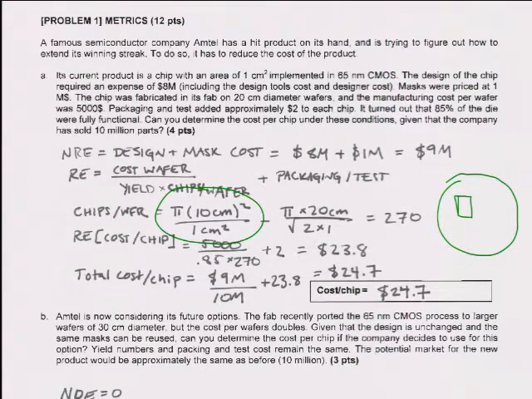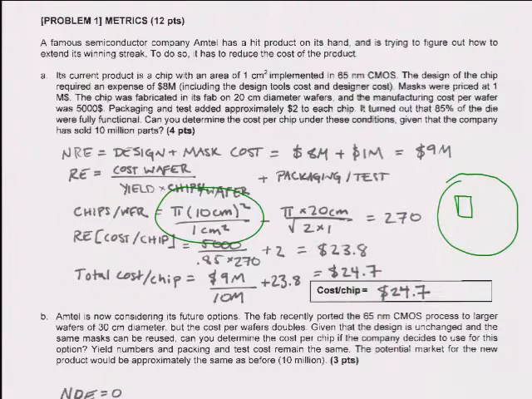So pi times 10 centimeter, by the way, make sure that you use the radius and not the diameter when you compute the area. So a couple of you made a little error there. So it's a 20 centimeter wafer, so the radius is 10 centimeter. So the area is 314 square centimeters, 314 parts.